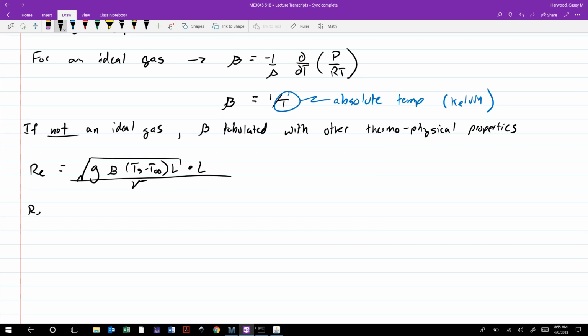And if we square this, Reynolds number squared is g beta (Ts minus T infinity) L cubed over nu squared.